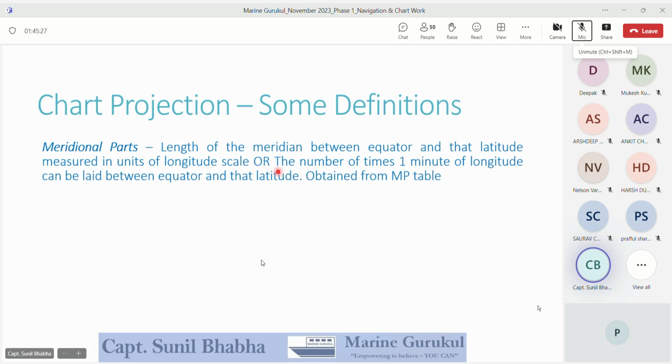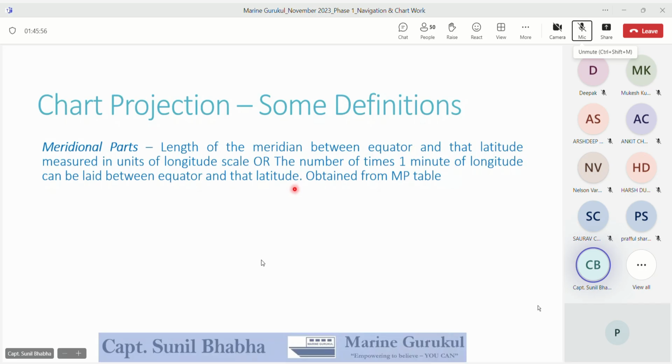That is the number of times 1 minute of longitude can be laid between the equator and that particular latitude. So the number of times you can place 1 minute of longitude from the equator up to a particular latitude is what we call meridional parts for that particular latitude.